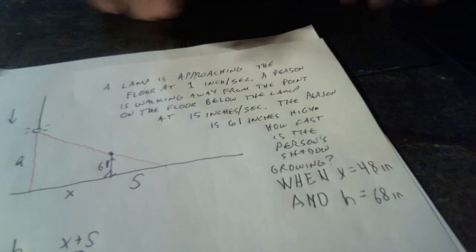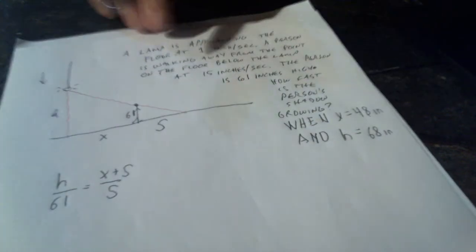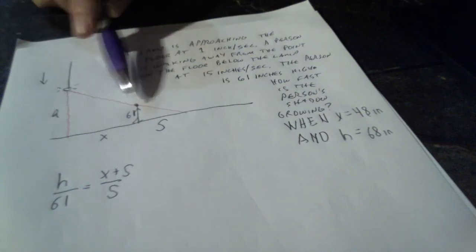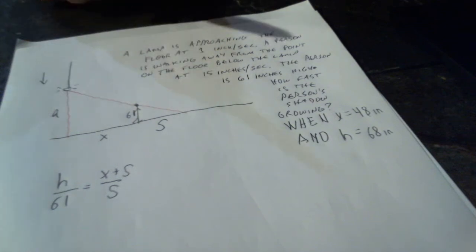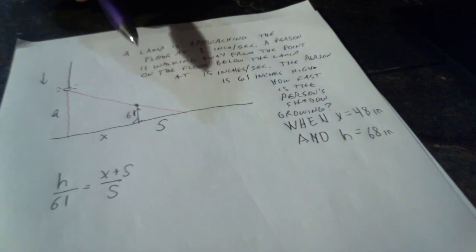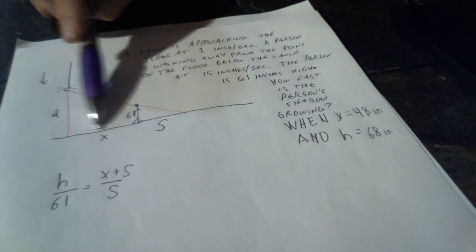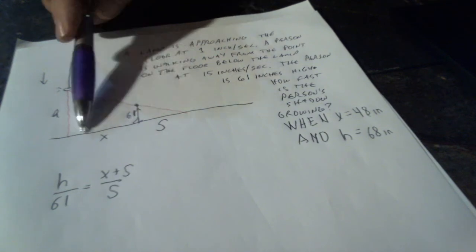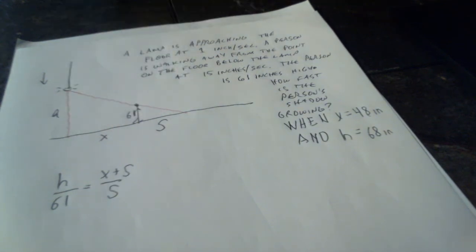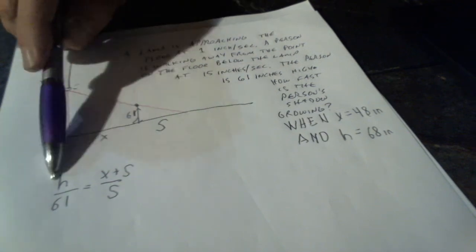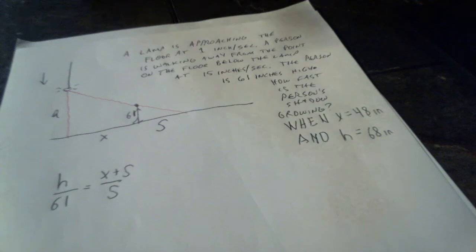We've got to do the same old proportion, h and 61, vertical sides. And then remember how x is not a side of a triangle, so I can't use x by itself, but I can use x plus s for the side of the big triangle. So notice that h, big triangle, x plus s, big triangle. So this is a good looking proportion.